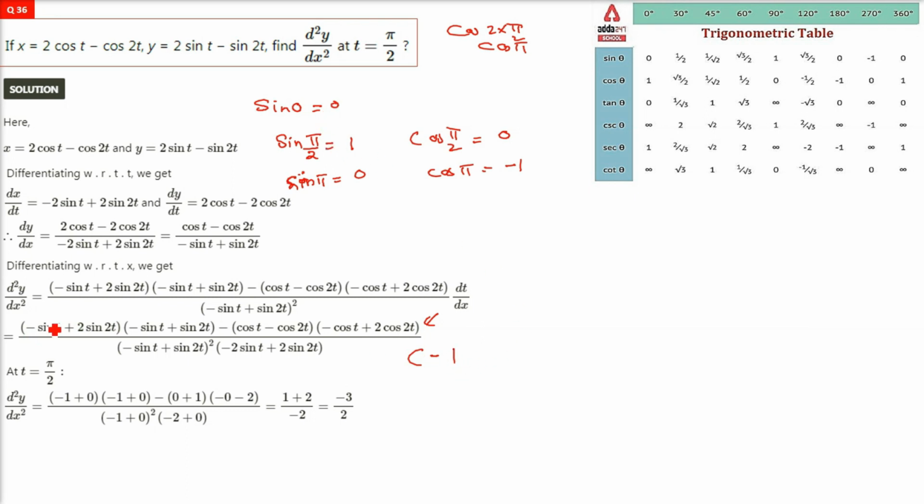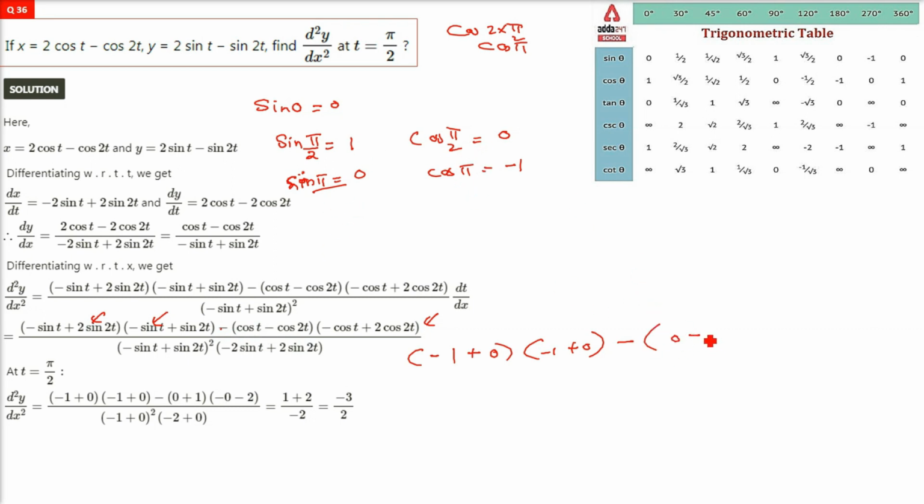So I am now placing the values. Sin t, that is sin pi by 2, is going to be 1, and since I have a negative sign, we have negative, and 2 sin 2t, of course sin pi is 0, so I am placing a 0. Coming to negative sin t, sin pi by 2 is 1, so you just write negative 1, and again sin 2 into pi by 2, that is sin pi, is going to be 0. Minus cos t, that is cos pi by 2, is going to be 0, just write 0.